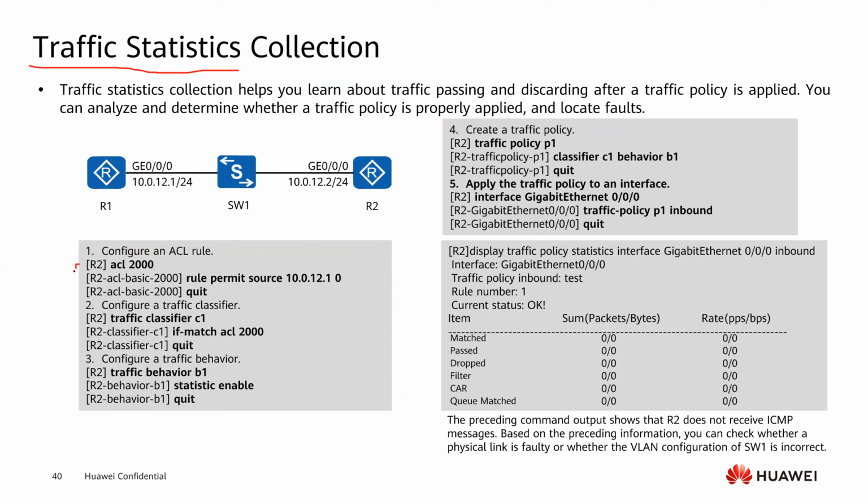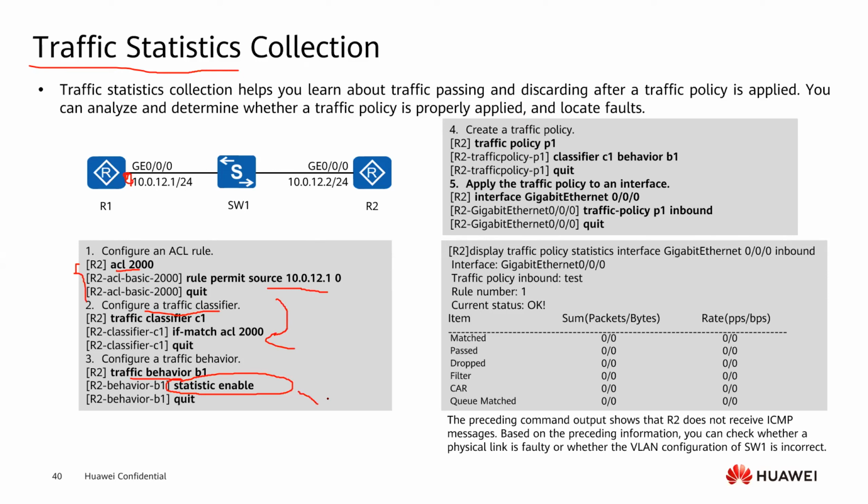We first create the ACL, and we find the source IP address of the packet. This IP address, and then we configure a traffic classifier. We match the ACL, and we configure a traffic behavior. In this behavior, we input this command, statistic enable.